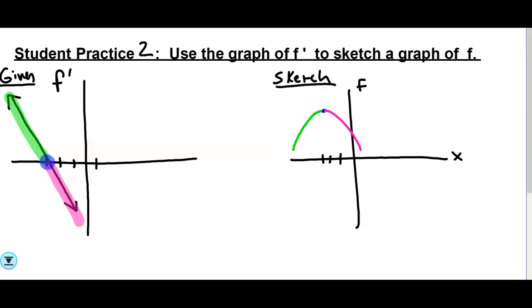I also see that to the right of 3, f prime is below the x-axis, therefore to the right of 3, f should have a negative slope, or it should be decreasing, going in a downward direction.